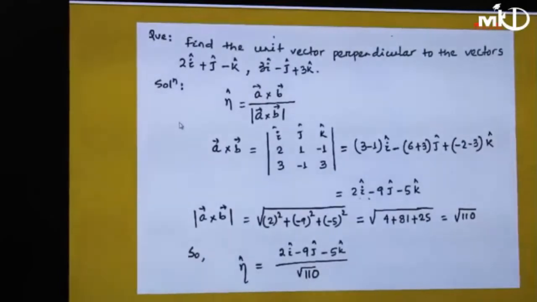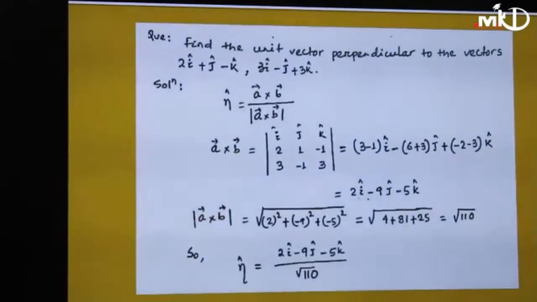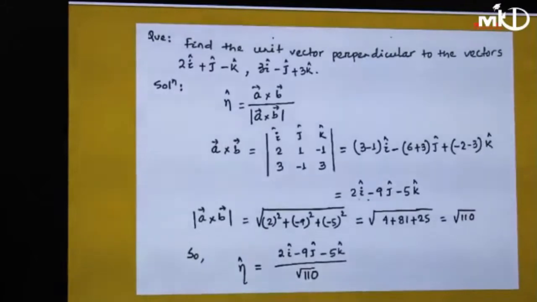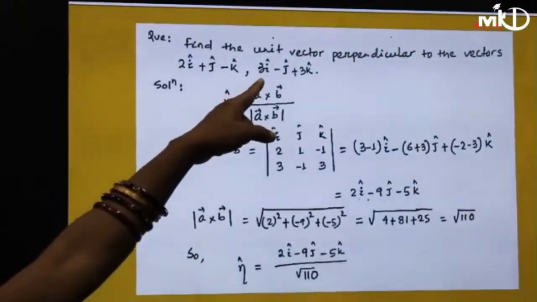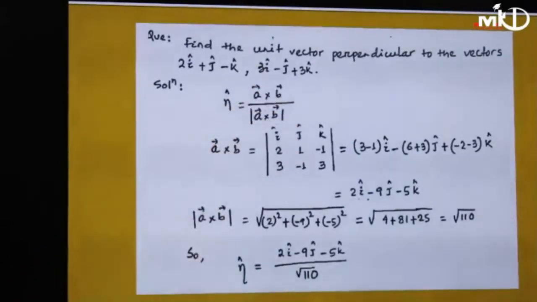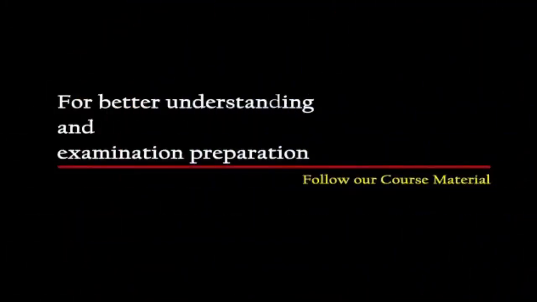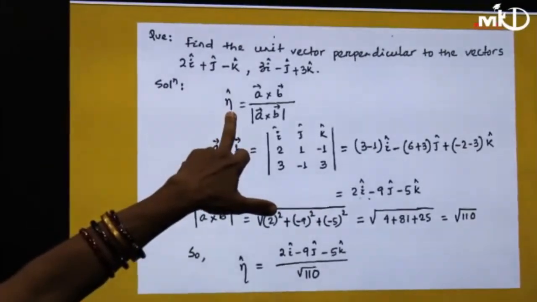Next, find the unit vector perpendicular to the vectors 2i cap plus j cap minus k cap and 3i cap minus j cap plus 3k cap. Friends, always remember, whenever you find a unit vector which is perpendicular to both the vectors, you refer to it as n cap.